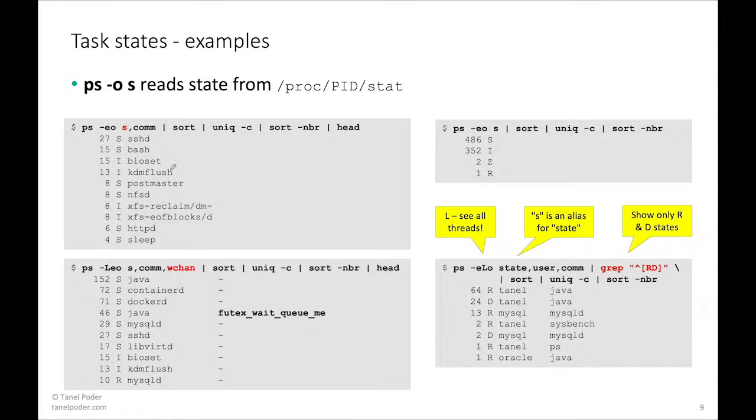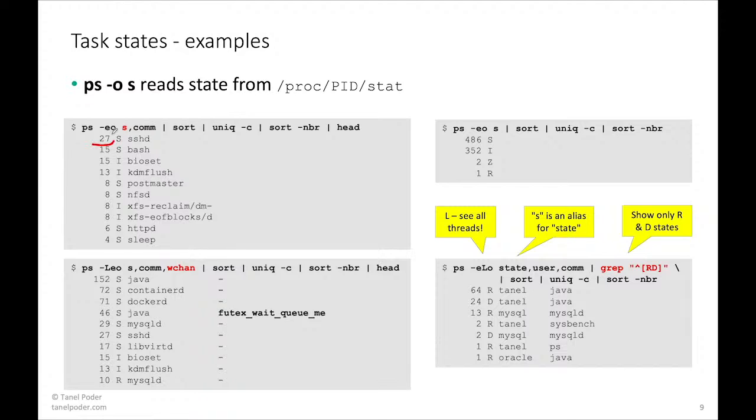When you run ps and show the state, you can say, show me all processes in the system, but only show the state and the process command name. And then I don't want to see all these thousands of lines on my screen. I want to summarize it. So sort, uniq -c essentially does a group by, like in SQL.